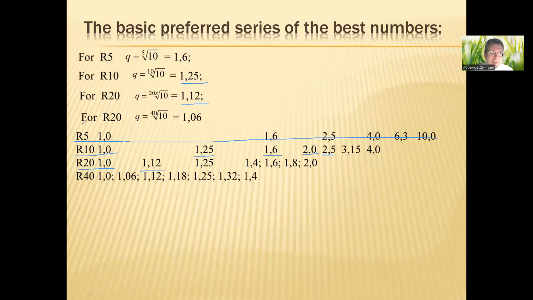And the last one is R40, not R20. q is equal to 1.06. First item 1.0, next item 1.06, then 1.12, 1.18, and 1.25.